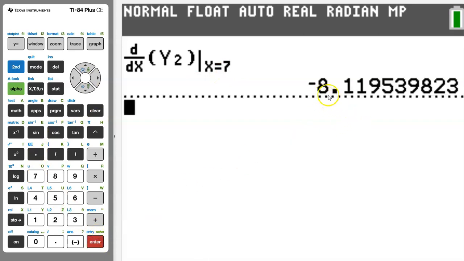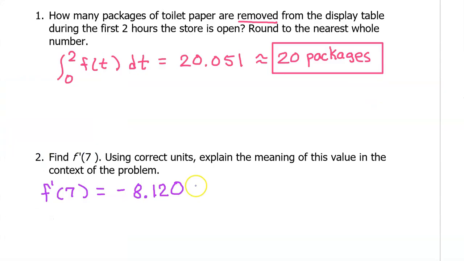Negative 8.119, or I could say negative 8.120. Let's think about what the units should be. When you take the derivative of a function, you are finding the rate of change of that function.